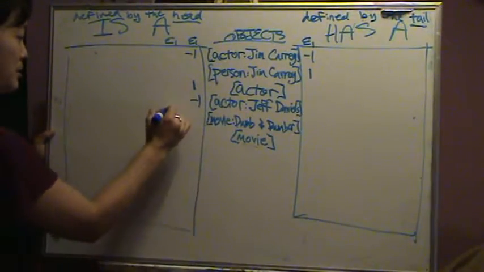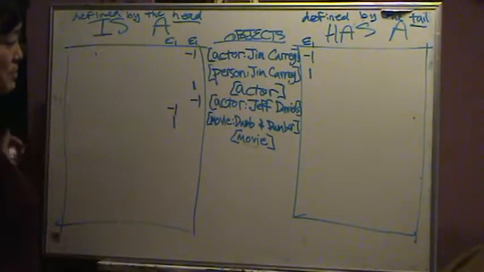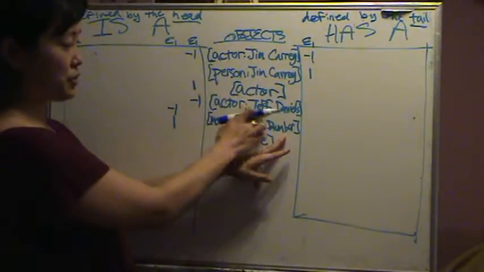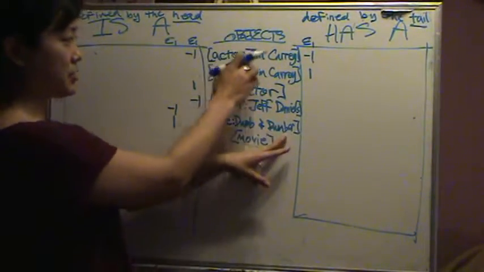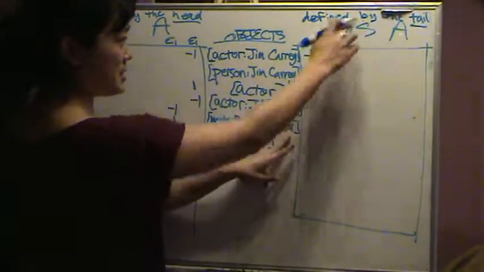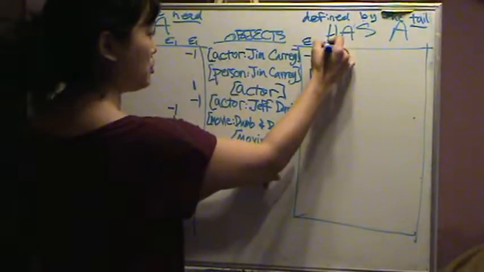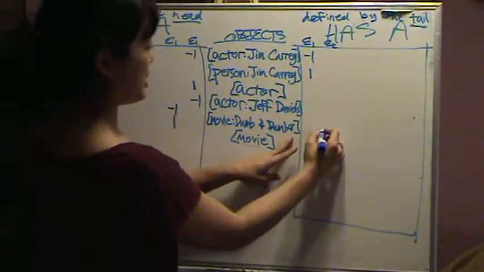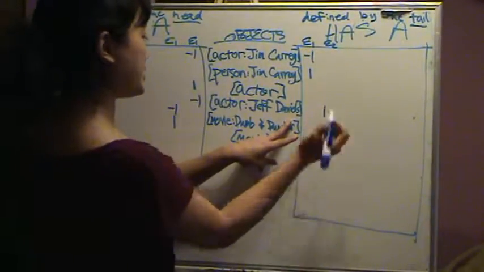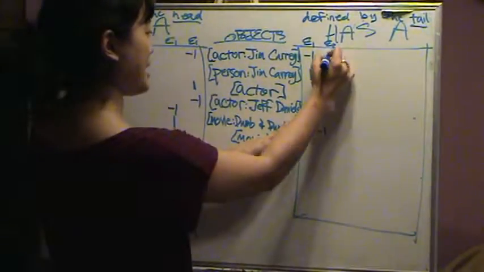And we'll say movie Dumb and Dumber is a movie. And then we'll say movie Dumb and Dumber has a actor Jeff Daniels and has a actor Jim Carrey. This is defined by the tail, so we need a new edge defined by the tail movie Dumb and Dumber, and it has a actor Jeff Daniels and it has a actor Jim Carrey.